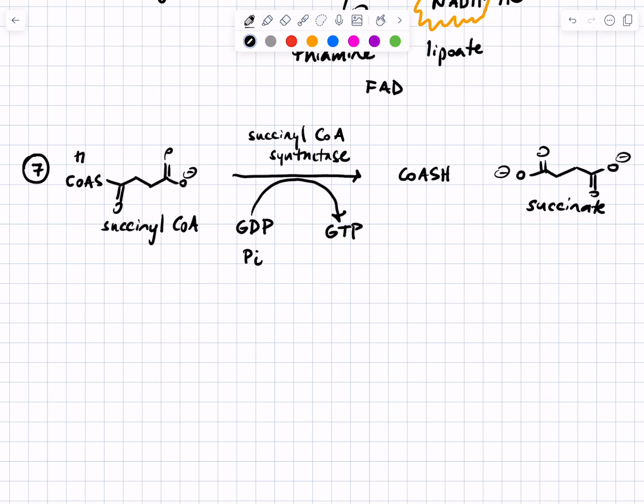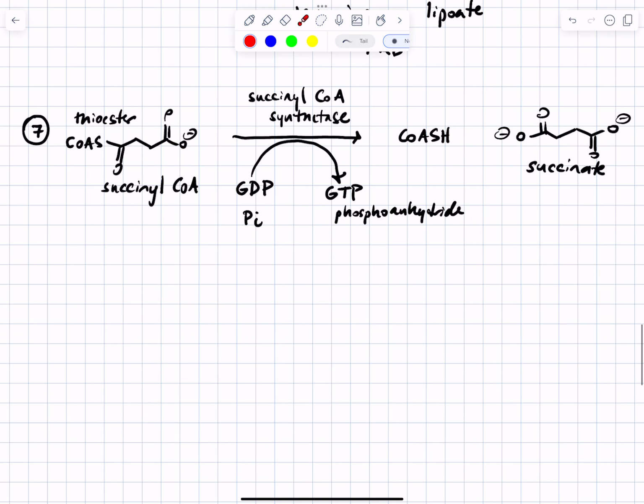Notice that we're going to take a thioester and we're going to use it to make a phosphoanhydride bond in GTP. So we're exchanging one level 1 reactivity molecule for another. The mechanism here is going to be very similar to things that you've seen before.